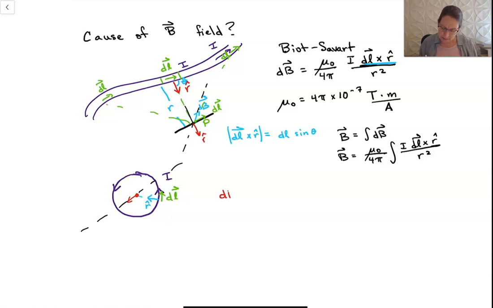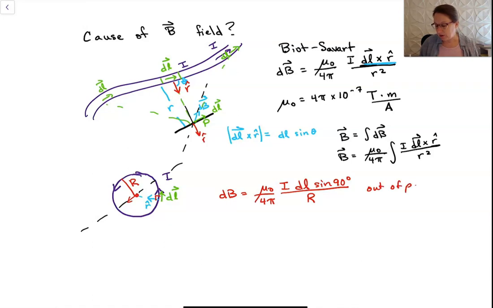So I can say dB is equal to mu naught over 4 pi I dl cross r. Those are at right angles, so that would be times sine of 90 degrees, all over r squared, which would be the radius. So if this is a radius, capital R, we say this distance here is capital R. Then we know the direction would be out of the page.